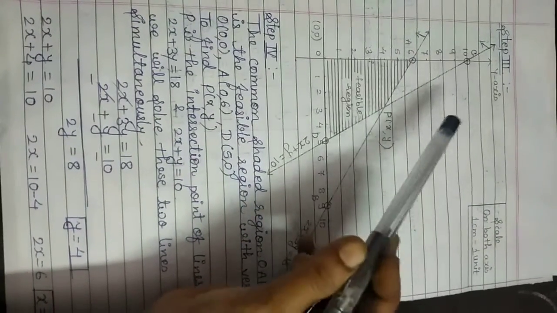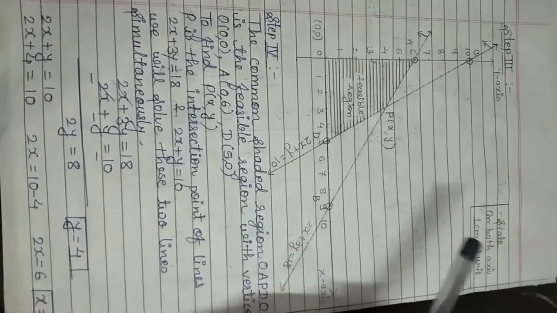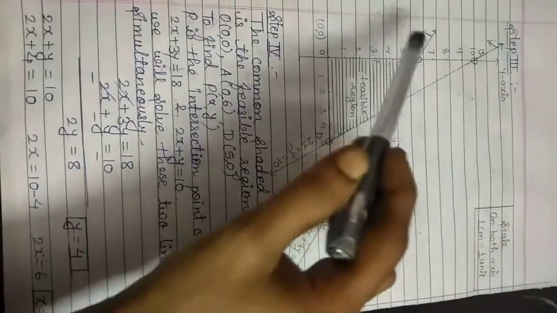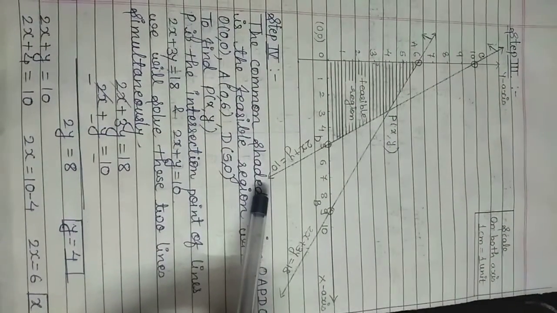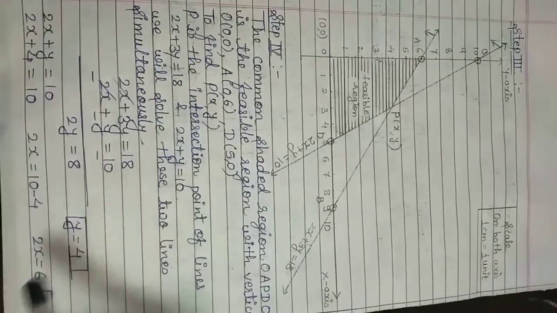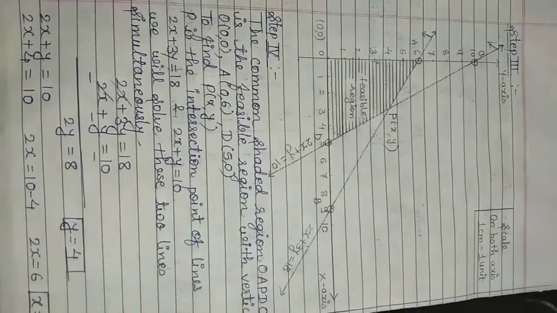But suppose graph paper is not available and you are drawing this graph on normal paper, then by solving the equations simultaneously, you can get the values of x and y, that is the coordinates of P. So here the coordinates of P are 3, 4.